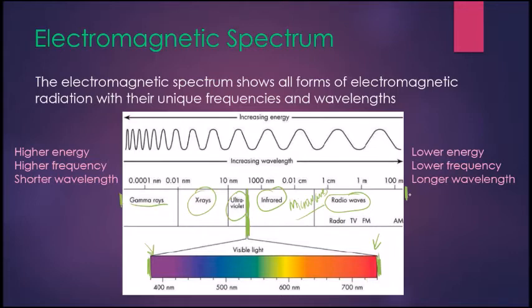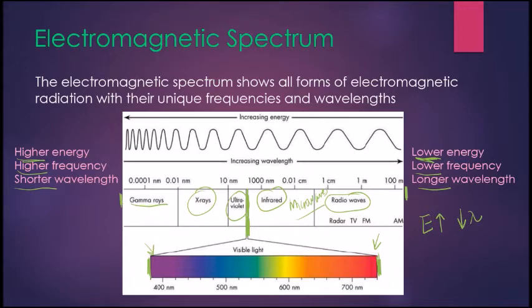And let's correlate here, because we already know that at lower frequency we have a longer wavelength, and at higher frequency we have a shorter wavelength. But let's relate that also to energy now. The lower frequency, longer wavelength ones are going to be lower in energy. The higher frequency, shorter wavelength ones are going to be higher in energy. So if you increase the energy, you're going to decrease the wavelength.